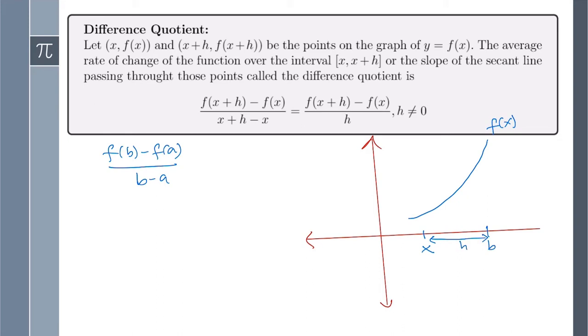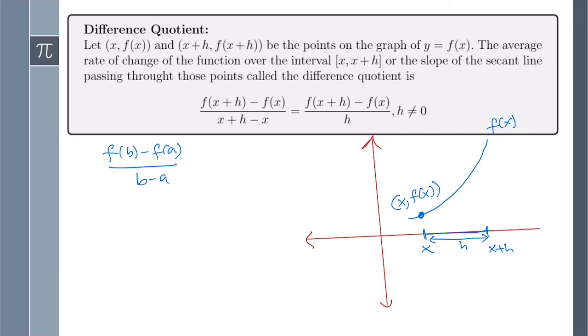Now instead of writing b, if this is x and the distance from x to this point is h, then I can write that point as x plus h. So now the corresponding point on the graph of this point here, the x value is just x, and the value of the function is f of x.